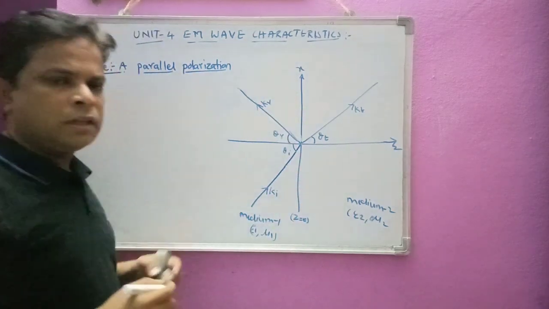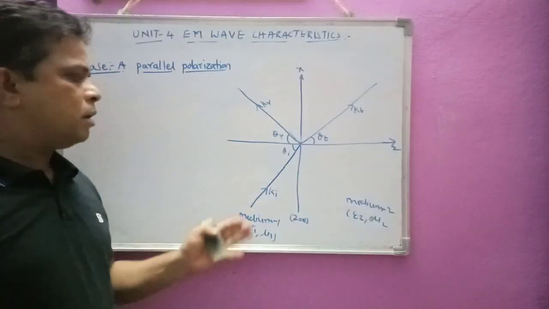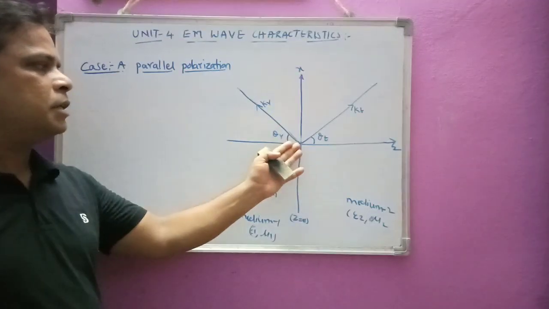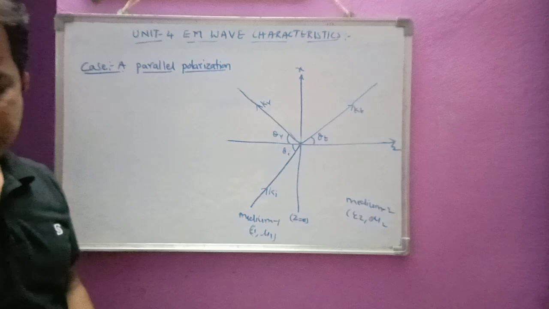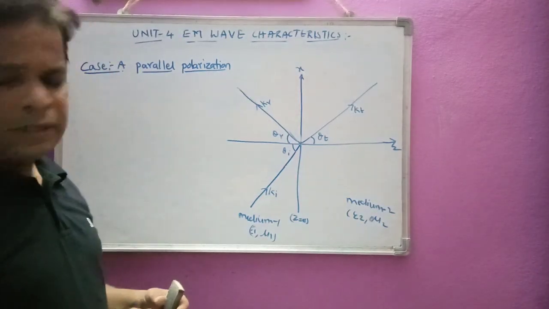These are the propagation vectors along the incident wave, reflected wave, and the transmitted wave respectively.